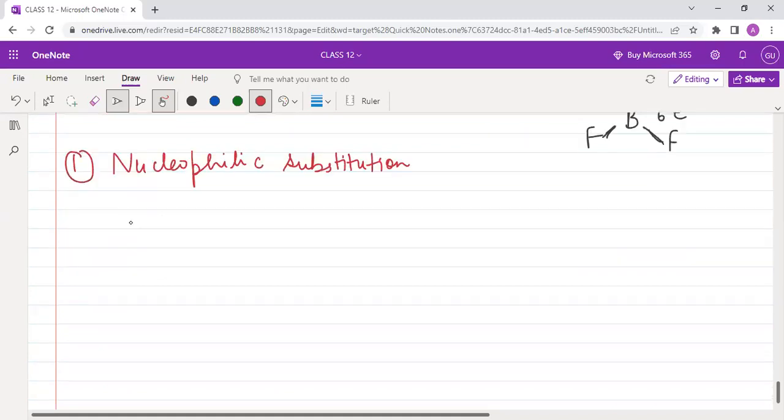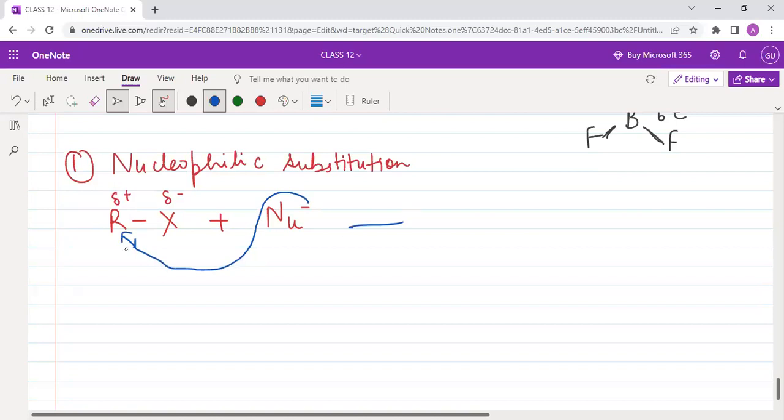So we have an alkyl halide, RX, and a nucleophile which is attacking it. I told you that the carbon-halogen bond in a haloalkane is polarized, right? Carbon has a partial positive charge and the halogen has a partial negative charge. This nucleophile is an electron-rich species, so it will attack the carbon atom which has the positive charge and replace the halogen.